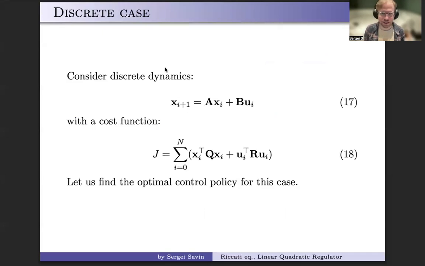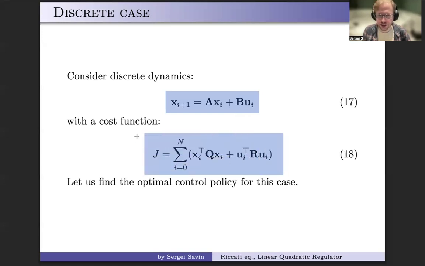Now, next, let us do the same, but for discrete dynamics. And it should hopefully be much faster, much easier. So here is our discrete dynamics LTI.